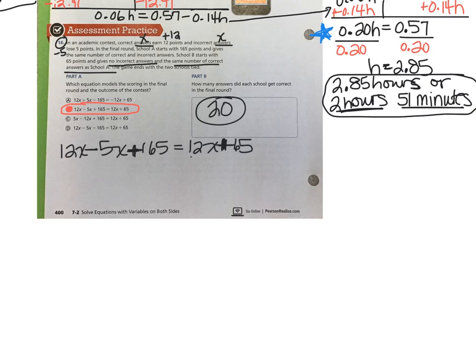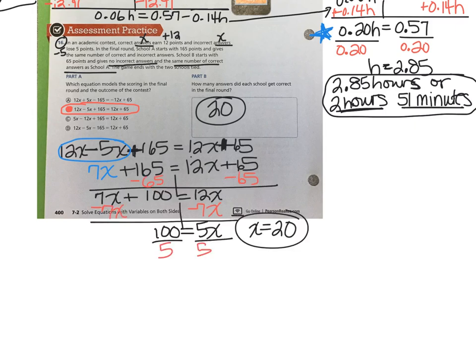And then we're going to combine our like terms first and solve. And you should get 20 answers is what each school got correct in the final round.